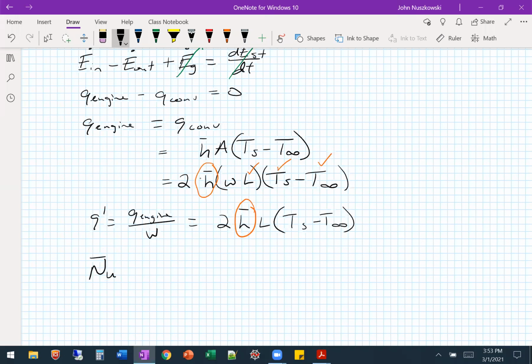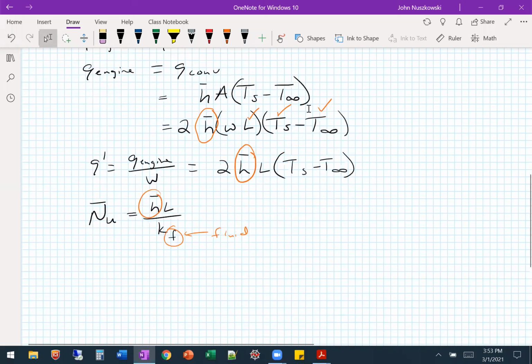Since the average Nusselt number is h bar times L over k of the fluid. All right, we're looking for Nusselt number. We have L.